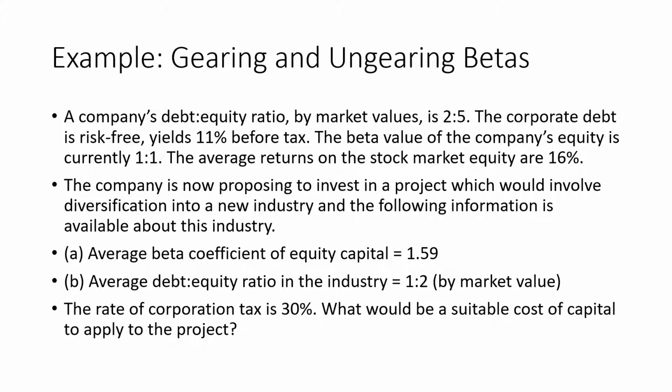B. Average debt to equity ratio in the industry equals 1 to 2 by market value. The rate of corporation tax is 30%. What would be a suitable cost of capital to apply to the project?